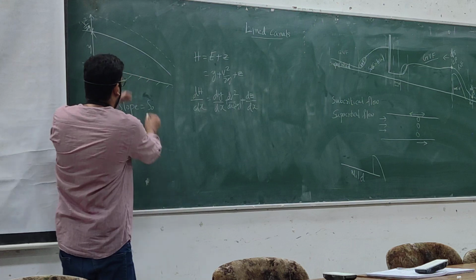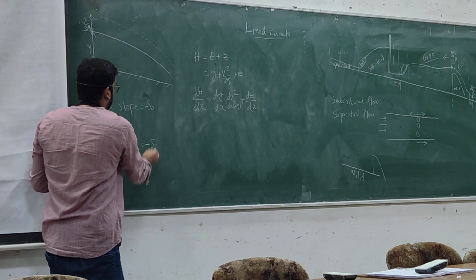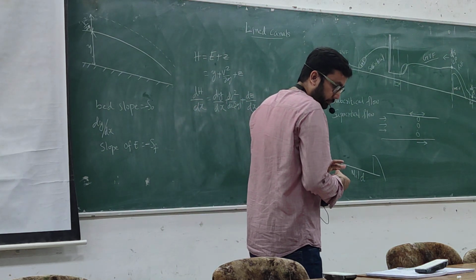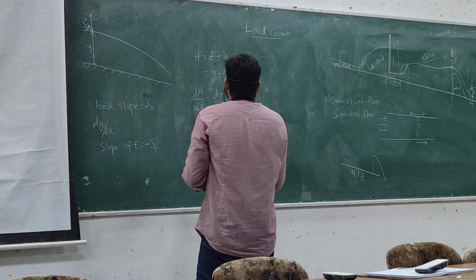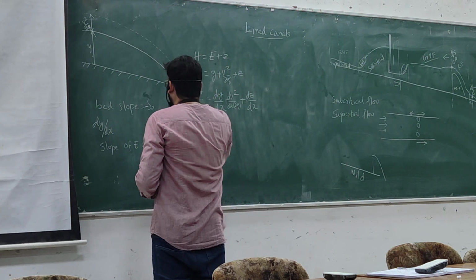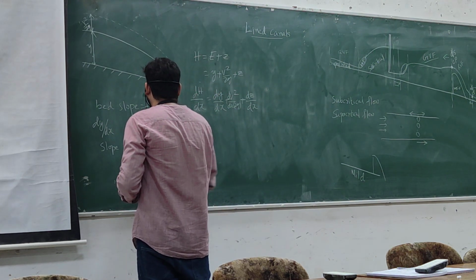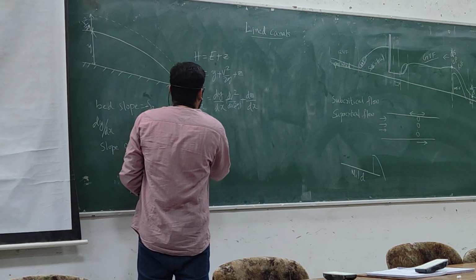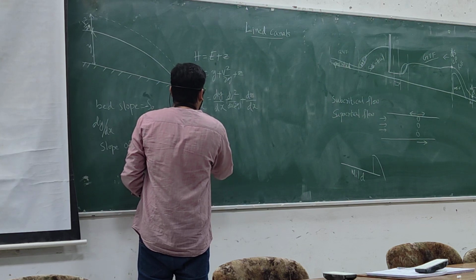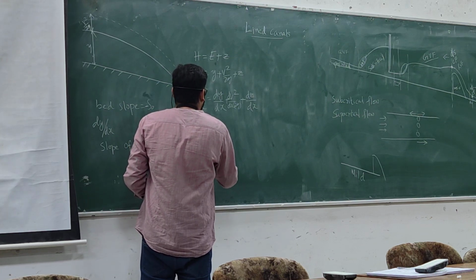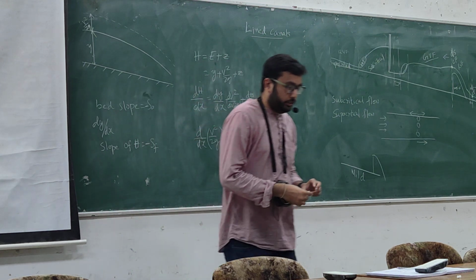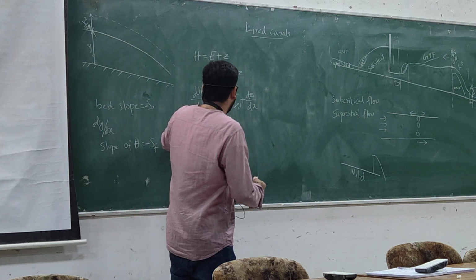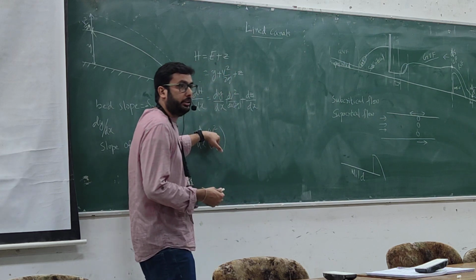Now since the bed is sloping down, I want to represent it by a negative sign. So let's look at this term, V square over 2G. Now what would this become? Let's say we want to consider Q and A, so in terms of discharge and area.